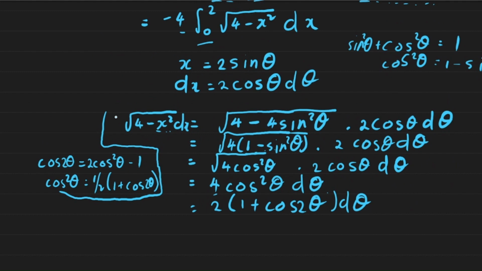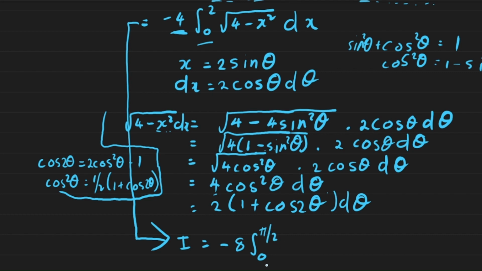So we're just going to substitute everything into our integral. So our integral now becomes this: minus 4 multiplied by 2 gives us minus 8. So it's minus 8 times the integral from 0 to pi over 2 into 1 plus cos 2 theta d theta.